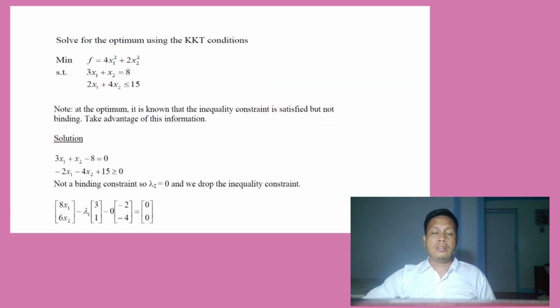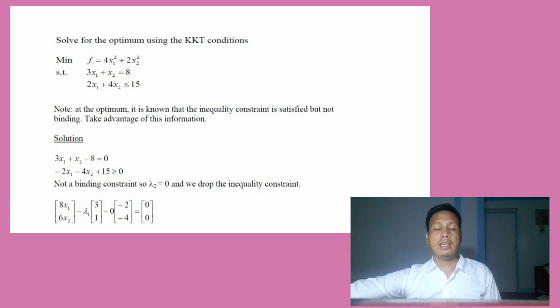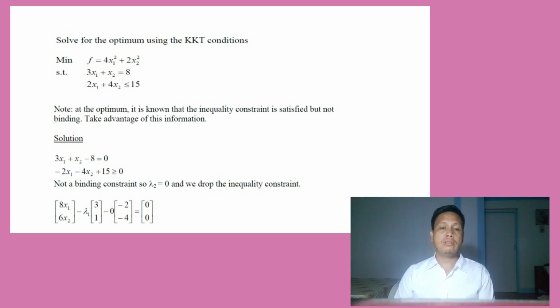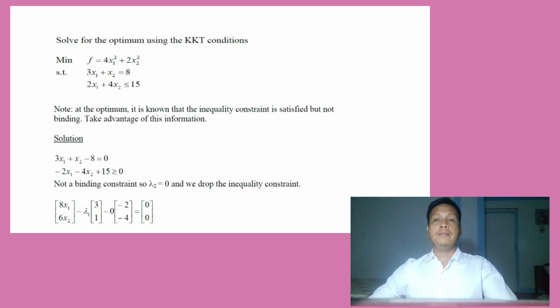So solve for the example: solve for the optimum using the KKT conditions. So we have to minimize f equal to 4x sub 1 square plus 2x sub 2 square subject to 2x sub 1 plus x sub 2 equals 8, and 2x sub 1 plus 4x sub 2 is less than or equal to 15.